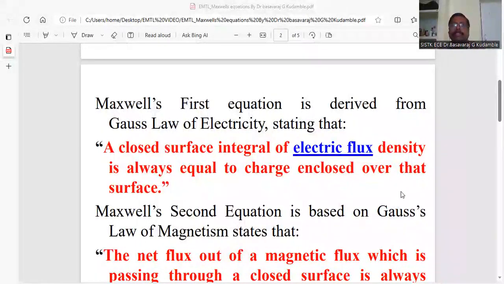Those 4 Maxwell's equations, we are going to discuss.